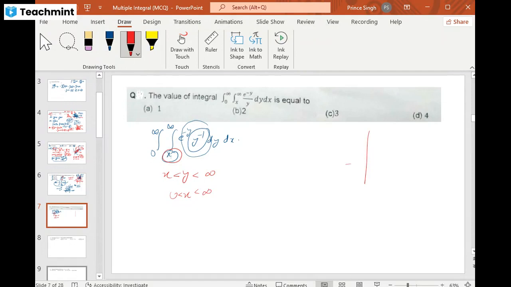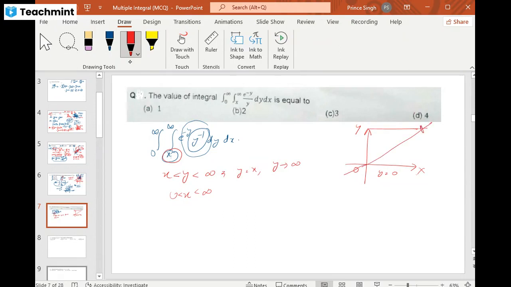Because I want to change the order of integration, firstly we need to draw the rough sketch of the region. So this is y equal to 0. The curves are y equal to x and y equal to infinity. Y equal to infinity means the end of the first quadrant. Y equal to x is a straight line passing through the region.